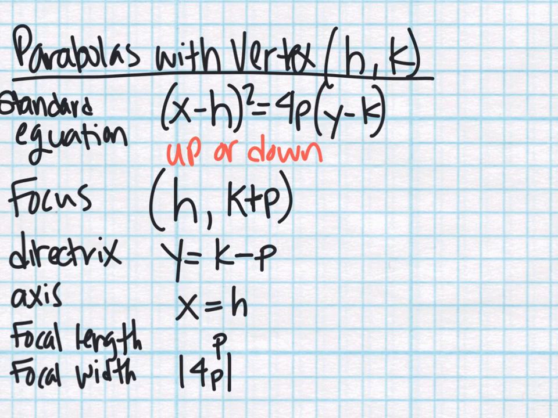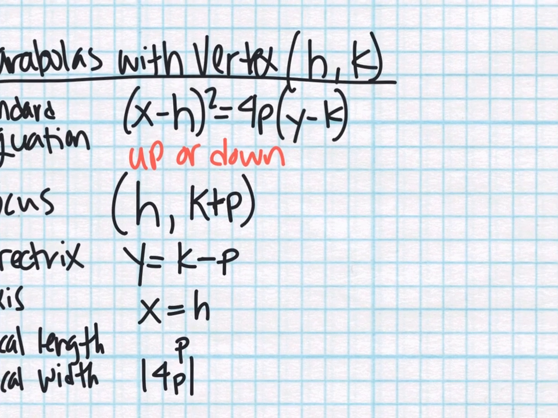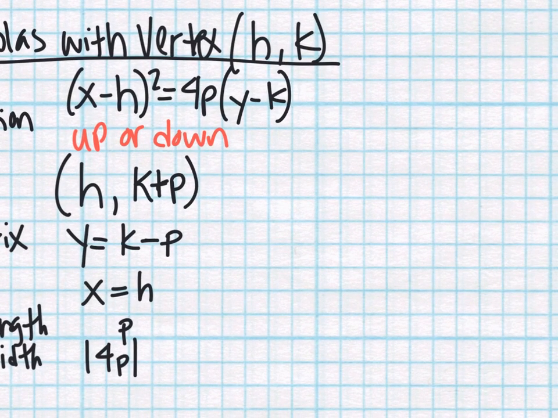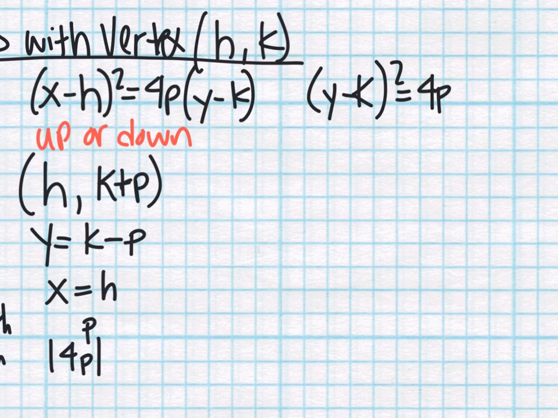Alright, let's look at what each of these would be for our left and right facing parabolas. So our standard formula for the left and right facing is going to be basically our x's and y's change places. (y - k)^2 = 4p(x - h).